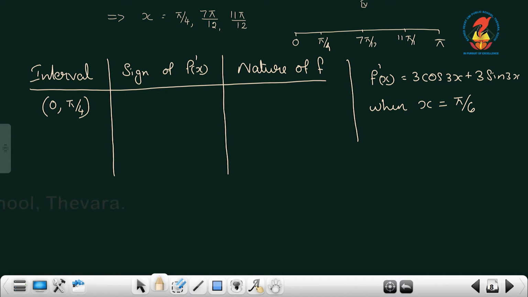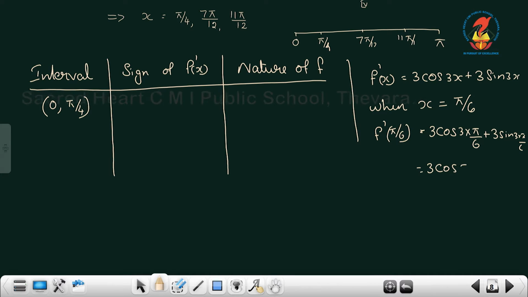Okay, what is f dash pi by 6? Find the value, positive or negative. F dash pi by 6 is equal to 3 cos 3 into pi by 6 plus 3 sin 3 into pi by 6. 3 and 6 cancel, so it is pi by 2.